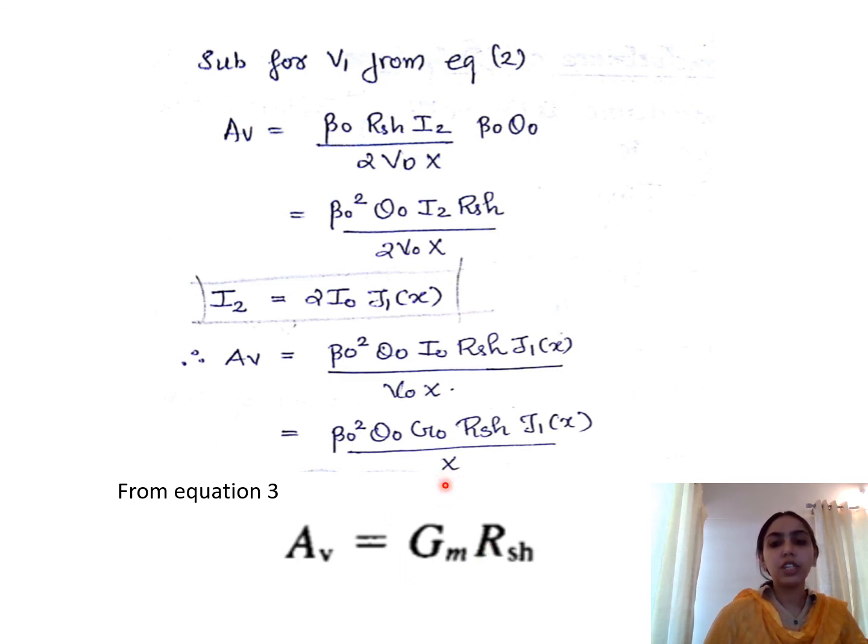We have already seen the expression for transconductance Gm. From this equation, this whole term except RSH represents transconductance Gm. So AV can be written as Gm into RSH. We have to remember this relationship between the voltage gain AV and the transconductance Gm for a klystron amplifier.